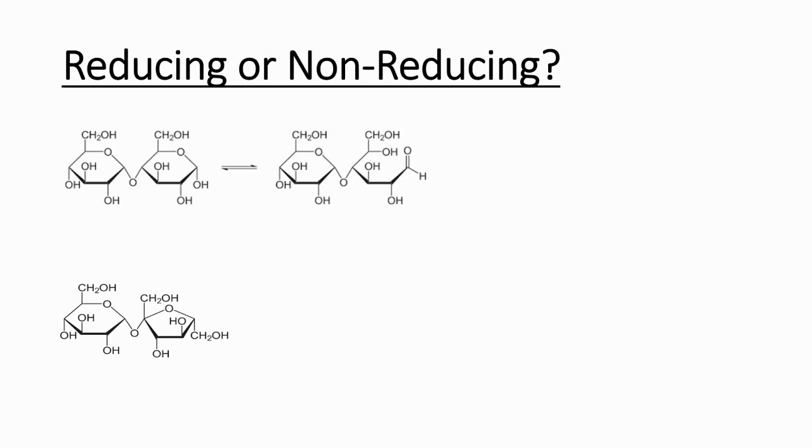In this section of the video, we go beyond the A-level specification. The first slide here, we want to look at what is meant by reducing sugar and non-reducing sugar. What makes it reducing? Reducing sugar, for example maltose, contains 2 alpha glucose units joined together by glycosidic bonds such as this.